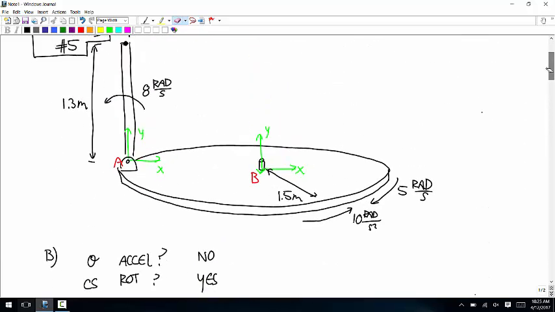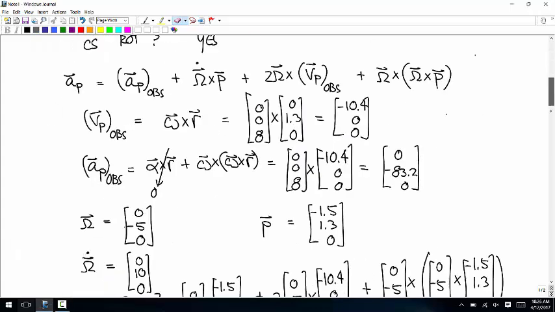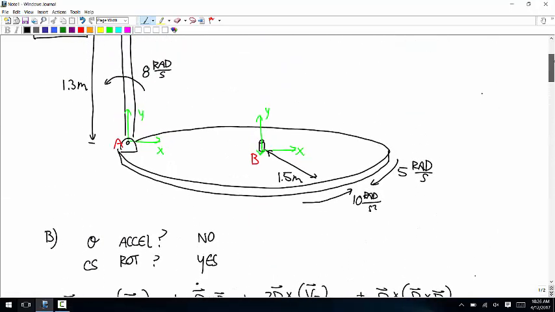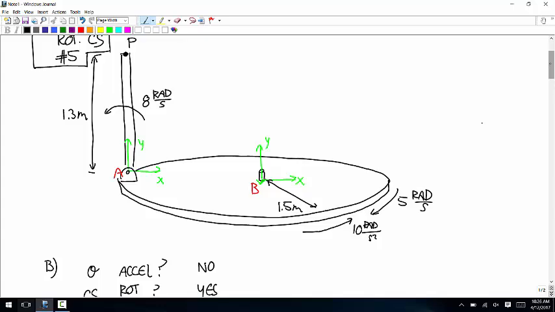Well, now our coordinate system is the one at A. So what's the position vector of P? Yeah, so now P is just 0, 1.3, 0. The velocity vector is omega cross r, and our omega was positive 8 in the z.